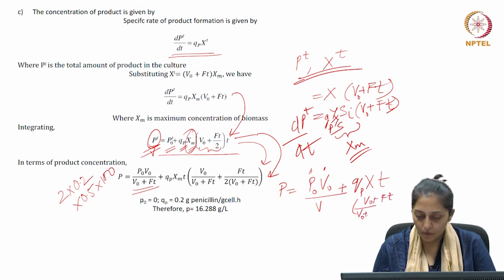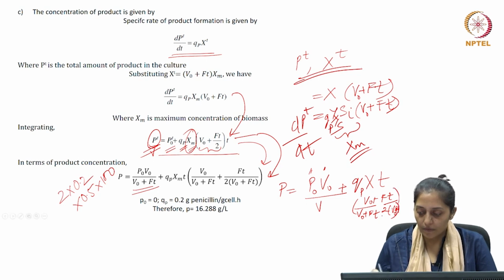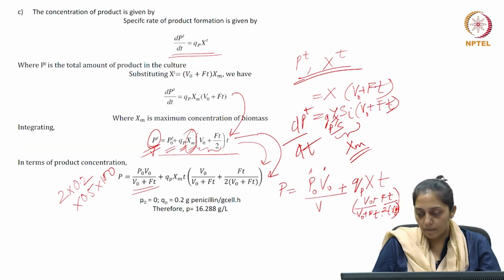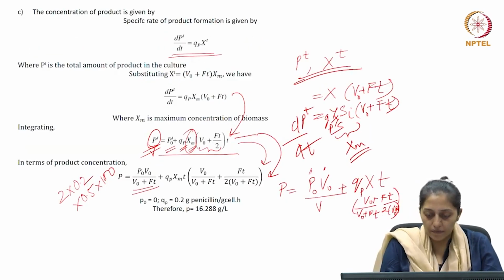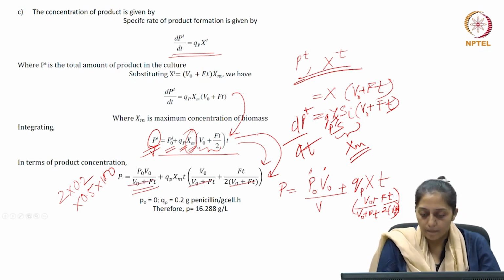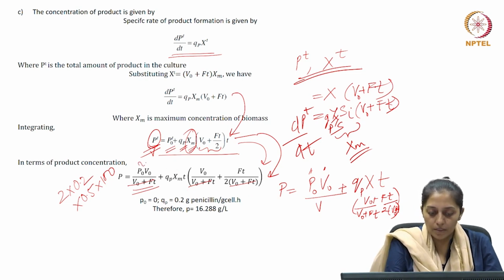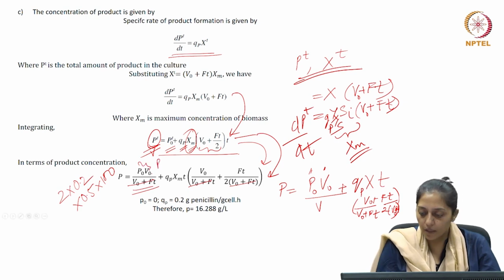So, if we substitute all this, here we know the final volume was again 1 liter. So, V naught plus Ft here gets automatically cancelled. So, this will end up as P naught V naught, your initial amount of product, divided by 1.